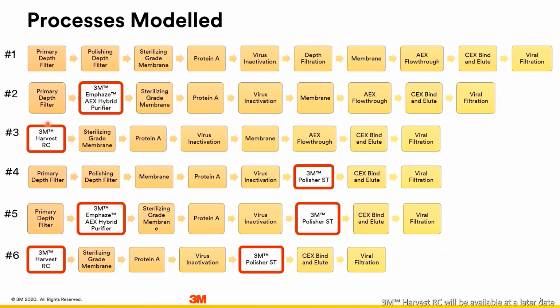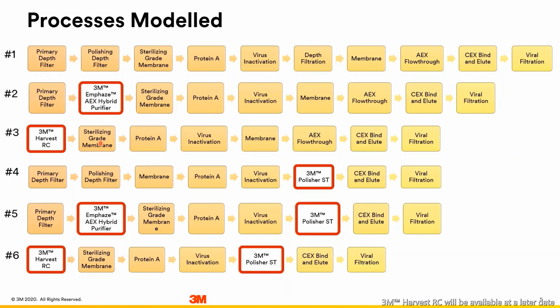So this is condensing the 2 clarification steps that we see in processes 1 and 2 into a single clarification step, and addressing soluble as well as insoluble impurities. And consequently, we have similar quality material to process 2 post M-phase AEX hybrid purifier, and therefore there is no depth filtration step post viral inactivation.